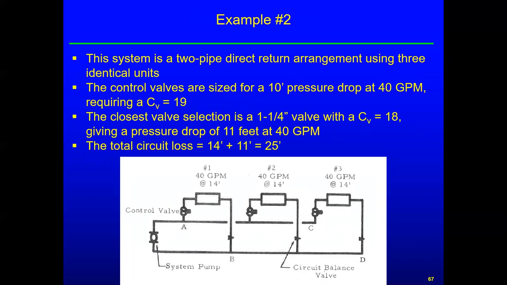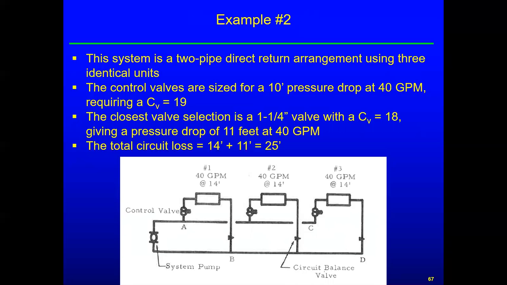So this time we have 3 identical coils and the runouts, control valves, and balancing valves. Now, in this diagram, he's showing balancing valves, he just didn't show them on the last one. We have one system pump that pumps out of the discharge of the pump to point A, where we start pulling off.